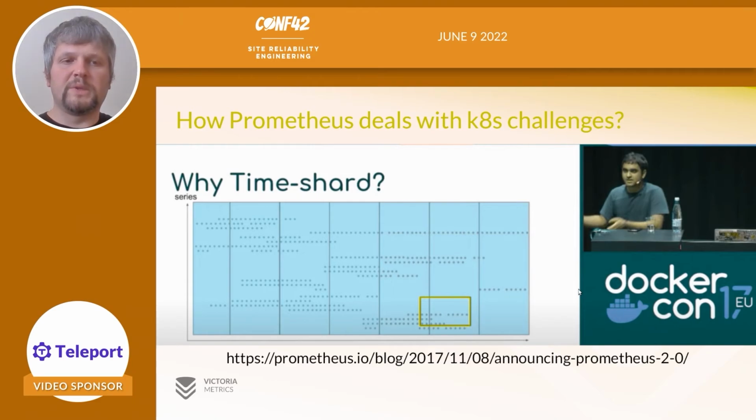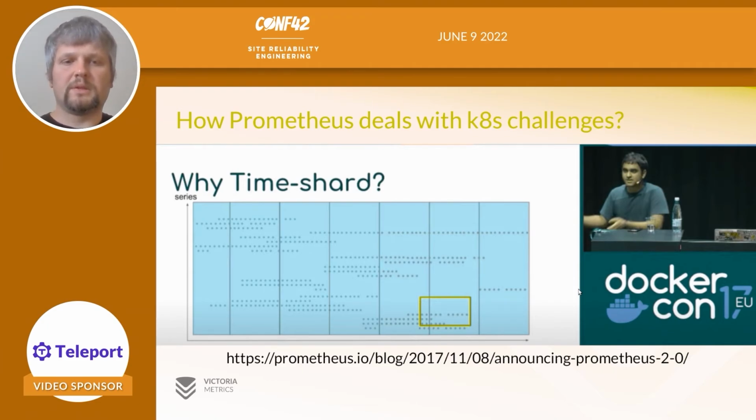Actually, Prometheus version 2 was created because of Kubernetes, to solve its challenges with a high number of time series and a high churn rate.